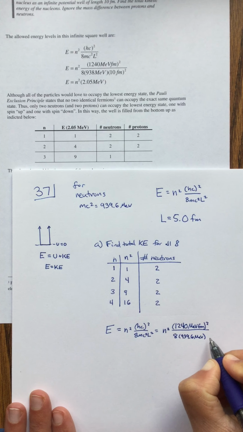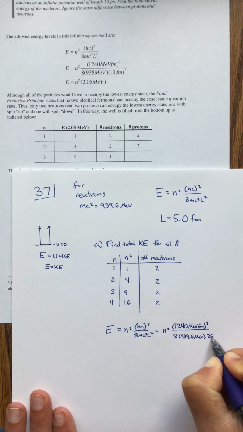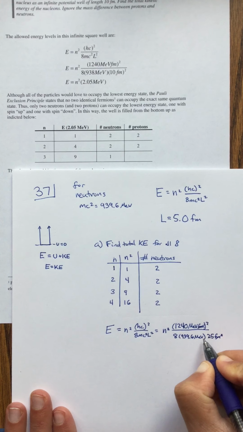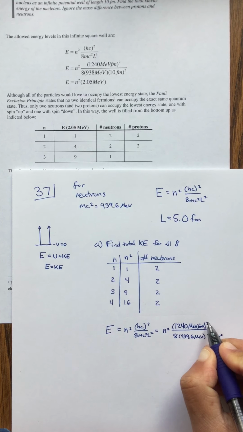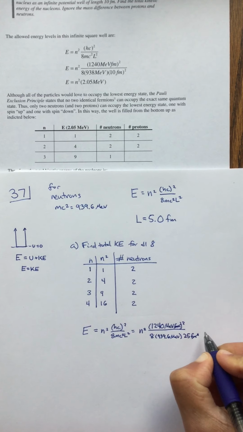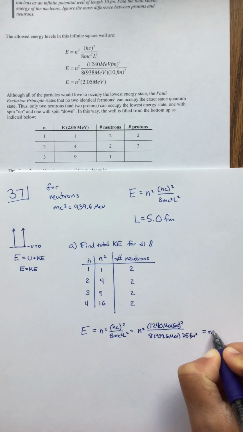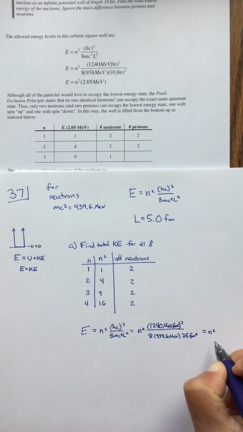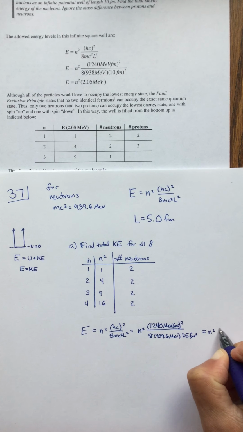So L squared would be 25 femtometers squared. Femtometers squared cancels out. Mega electron volts squared divided by mega electron volts gives me the answer in mega electron volts. And this is 8.182 mega electron volts.